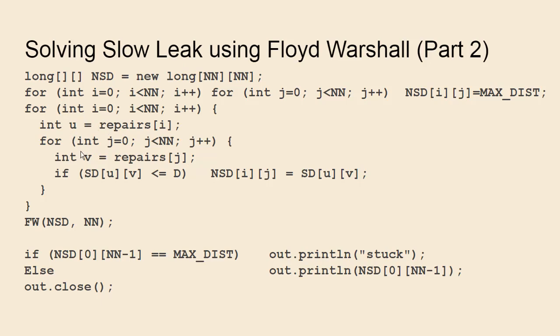So u and v are the node IDs in the original graph. i and j are the node IDs in this reduced graph. If the distance I have computed for u and v is less than or equal to D, then that means that is an edge I can use. So I put this here.